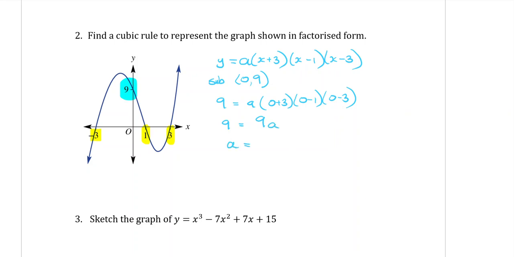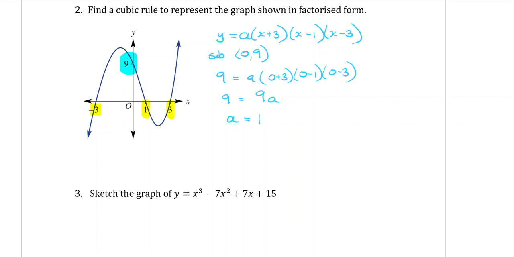So it works out that a does actually equal 1, which means my graph has the equation (x plus 3)(x minus 1)(x minus 3), with just a 1 in front. You can't always assume that's a 1 in front though, so it is important to check to see if your steepness has been changed.